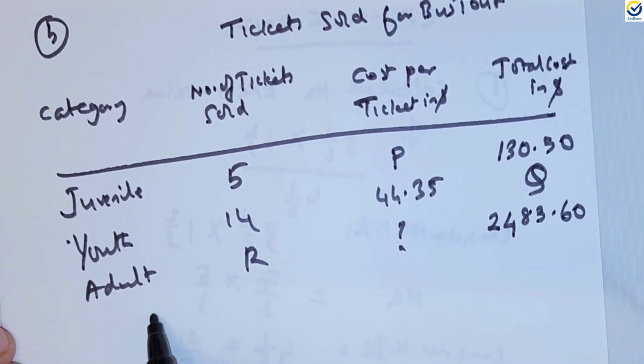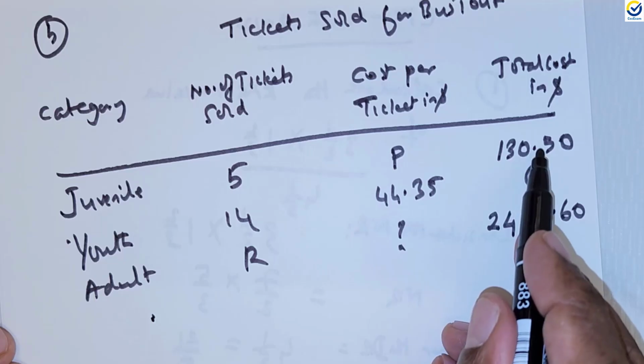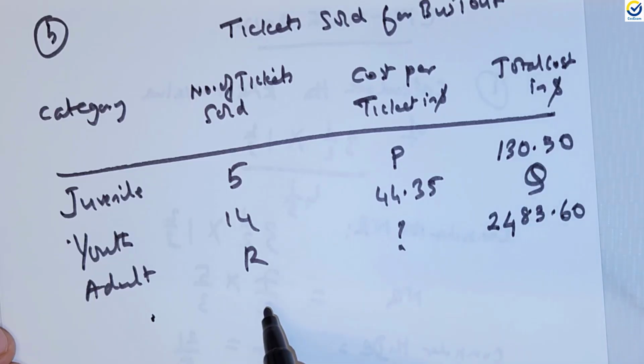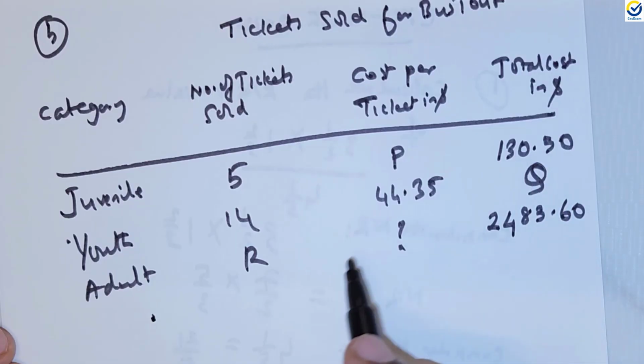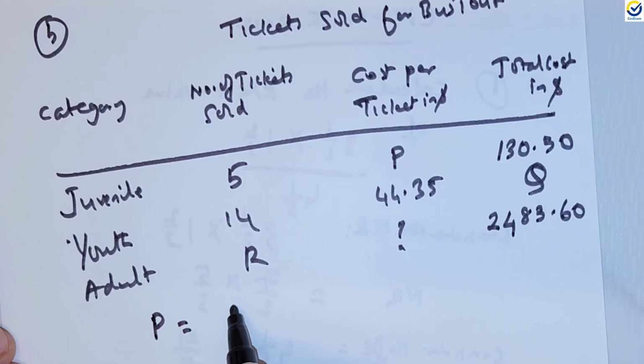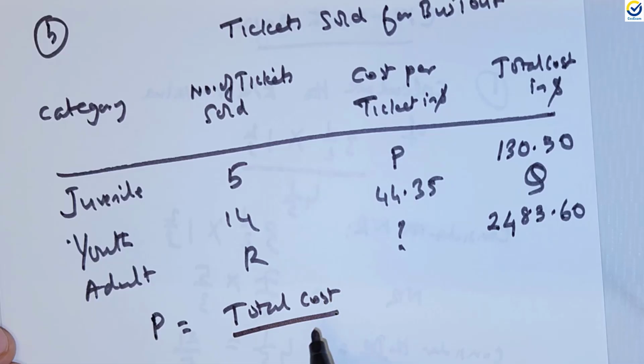Now to get the value of P, cost per ticket is P and total cost is given as 130.50. So P is going to be equal to the total cost divided by the number of tickets sold.